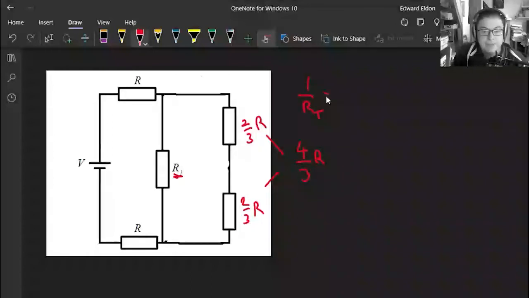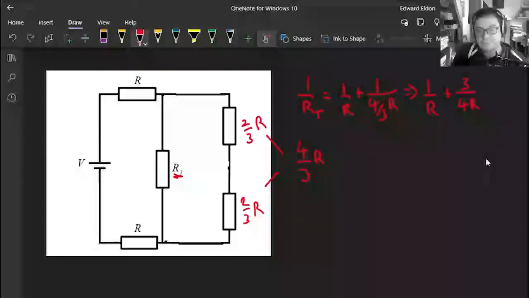1 over RT is 1 over R plus 1 over 4R over 3. Now, we don't like this last fraction because it's a triple decker and we don't like those. So this now becomes 1 over R, which doesn't change, and this becomes 3 over 4R. Of course 1 over R is the same as 4 over 4R.